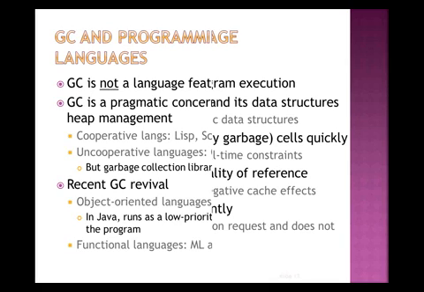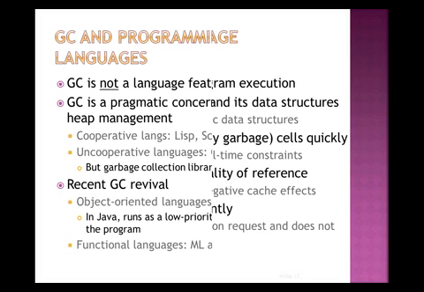Then GC and programming languages, that is, what is garbage collection and how garbage collection is used with programming languages. This says GC is not a language feature. It is a pragmatic concern for automatic and efficient heap management, that is used for allocating and deallocating memory at runtime, allocating in one place and then destroying the objects.